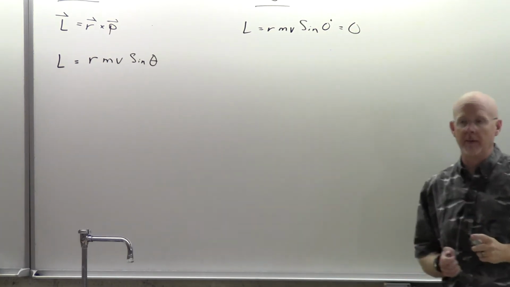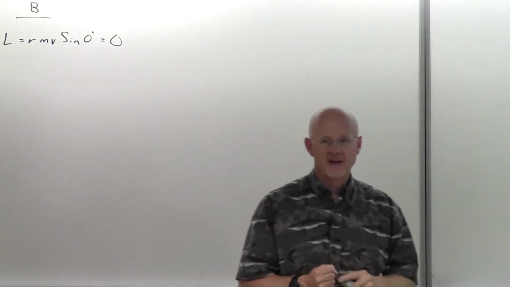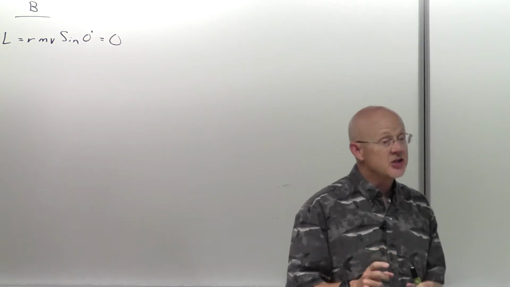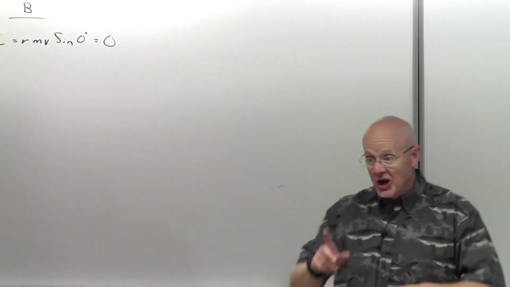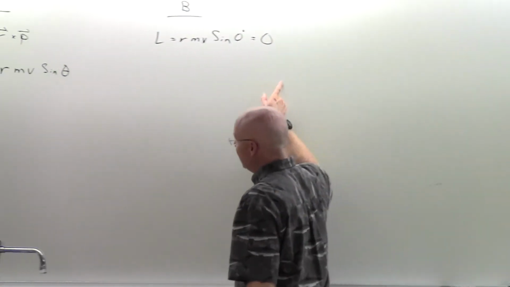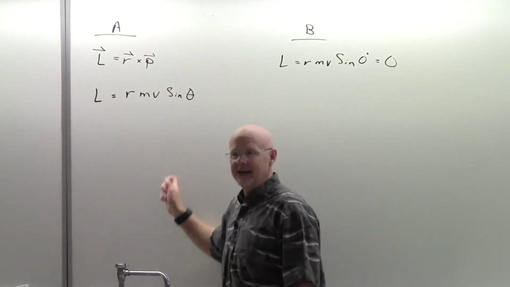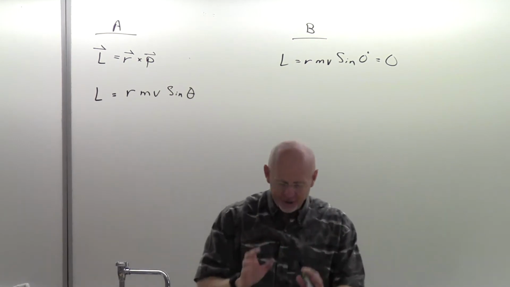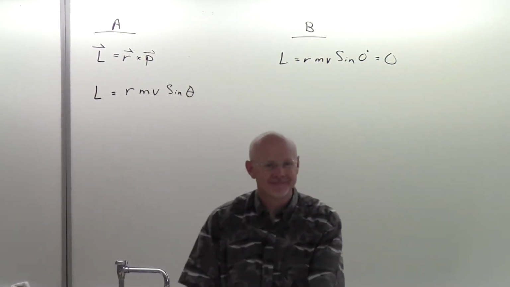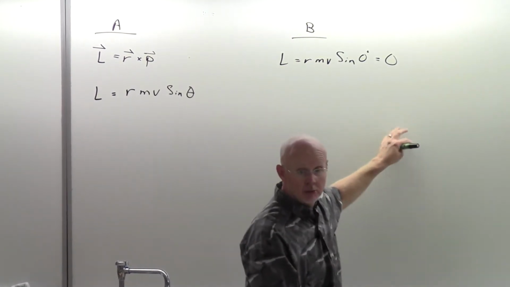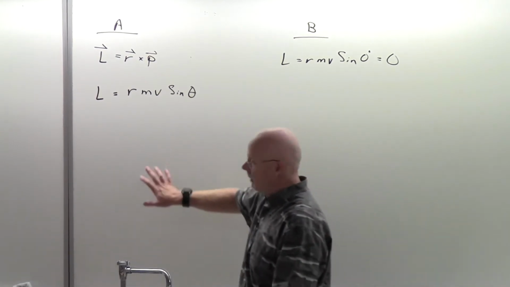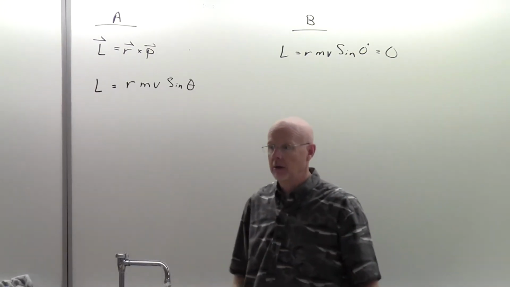So how much angular momentum do you have now? 0. And so I'm hoping you see two things here. One is the angular momentum is not necessarily 0 when it's going in a straight line. Could be 0, but perhaps it is not.